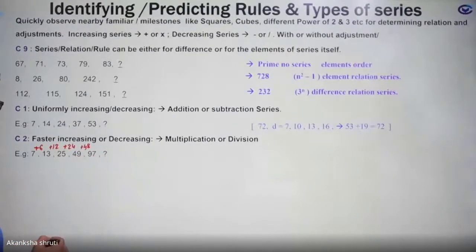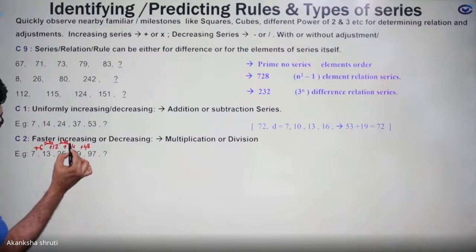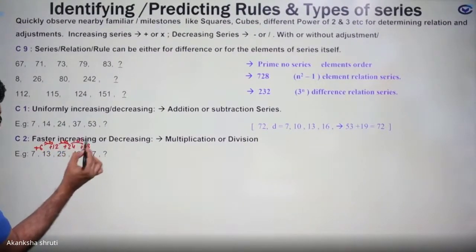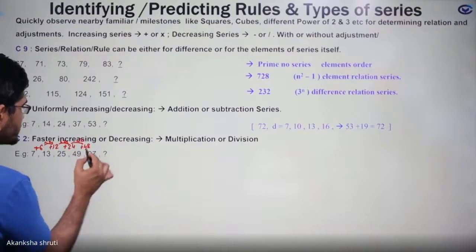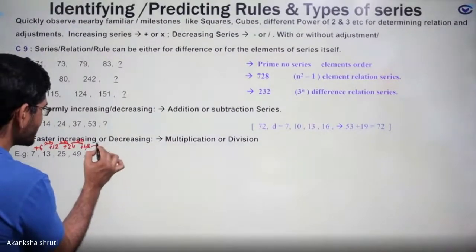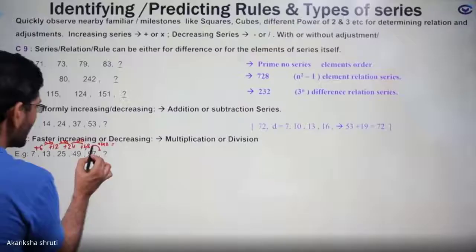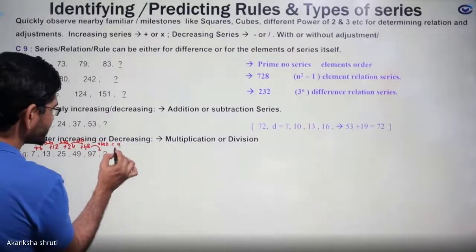Students, now we are observing that these differences are multiplied. 6, then 12, 2 times. Then 24, 2 times. It means the difference is doubled. So the next difference I can get by multiplying 48 by 2, which is 96.